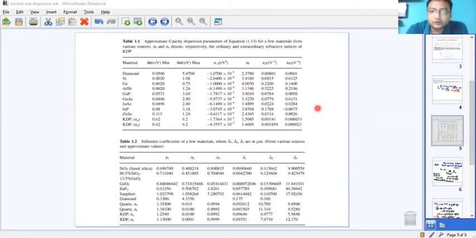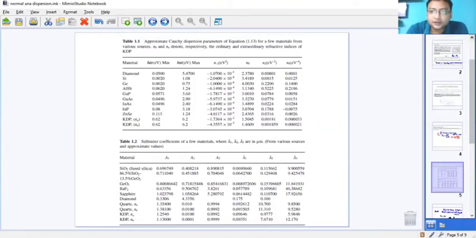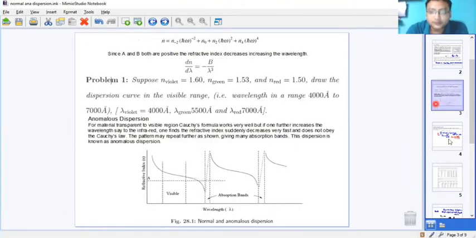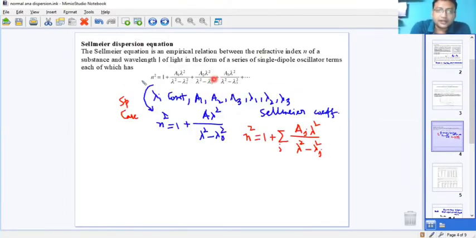So a quick recapitulation of the Sellmeier constants A1, A2, A3 and lambda 1, lambda 2, lambda 3. These are the typical values.